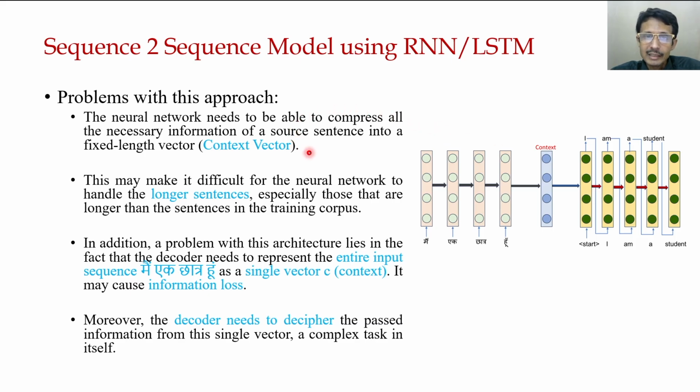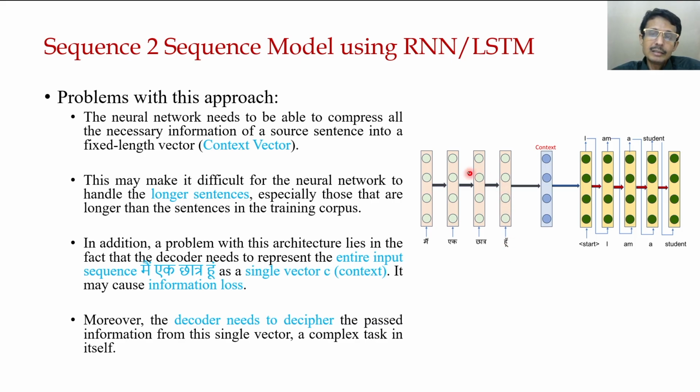And this is a really complicated job, even for a very simple neural net like this. Most importantly, when the sentence is bigger, what do you mean by bigger sentence?